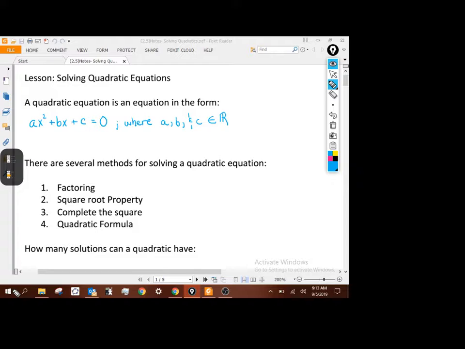Meaning your coefficients here and your constant, C, those coefficients or constants can be anything that they want to, as long as they don't have an imaginary component. That make sense? That's what we're focused on for the next couple of days, is being able to factor those types of things. Now, here is the thing. Down the road, we will allow A, B, and C to have imaginary components.